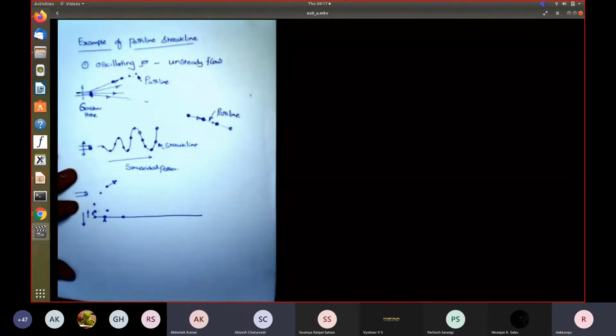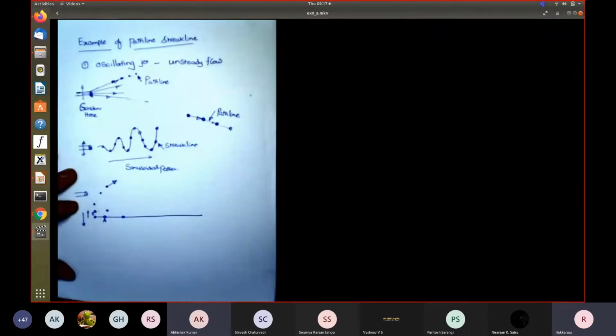So first you have to originate some location. Once you originate, you should know what is the jet speed with which these particles are coming out. Once they release, we should make sure that dxp by dt is equal to that particular velocity, and dyp by dt is the transverse velocity created by this jet up and down oscillation.